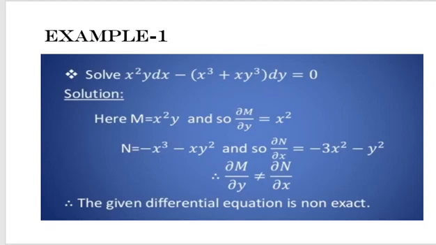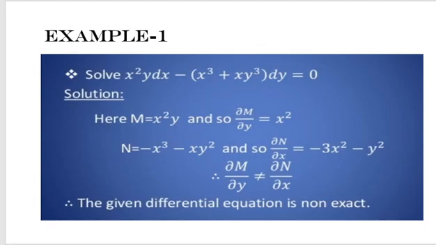Now first let us check whether it is non-exact or not. So to check that, we will differentiate M partially with respect to y. When you are partially differentiating M with respect to y, x will be treated as constant. Therefore, the term x²y when partially differentiated with respect to y will give you x².